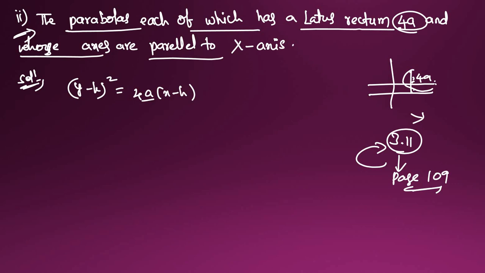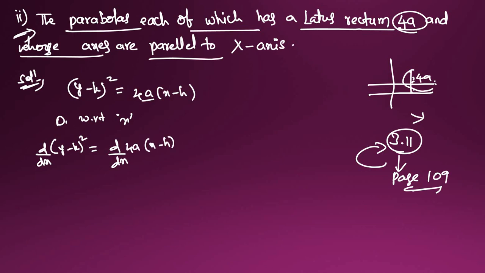So differentiating with respect to x, it will become dy by dx of y minus k whole square is equal to d by dx of 4a into x minus h.